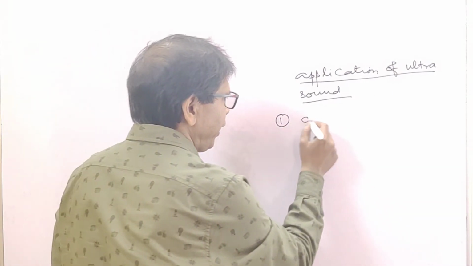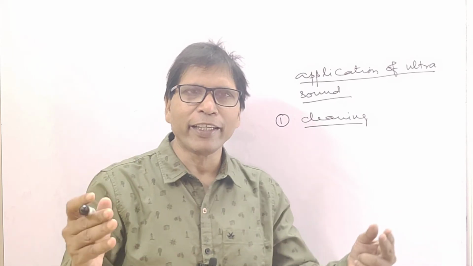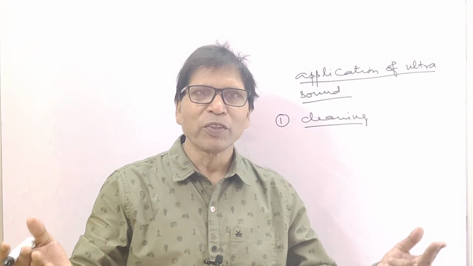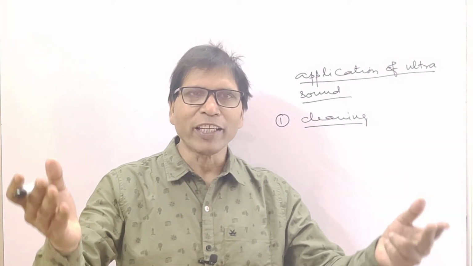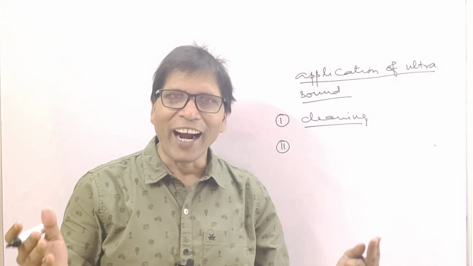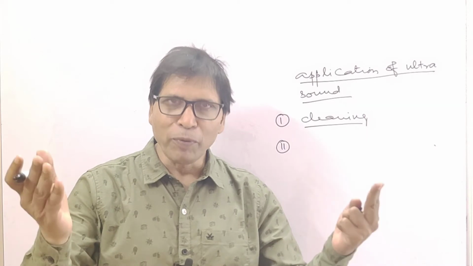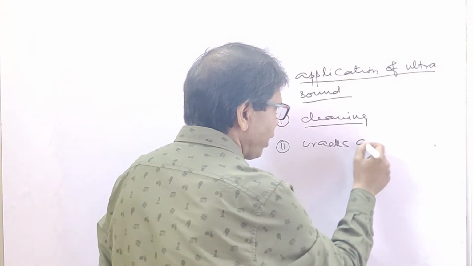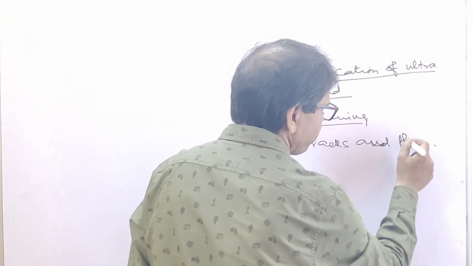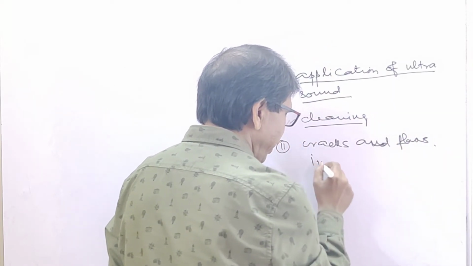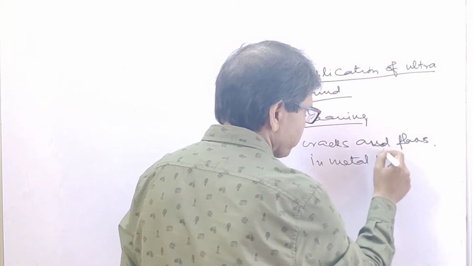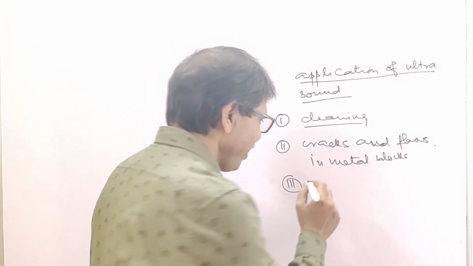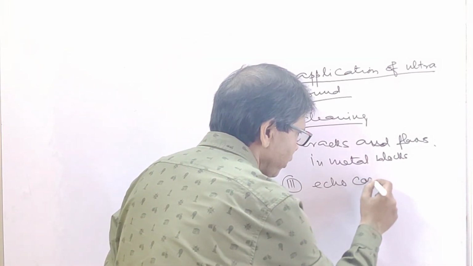Now, applications of ultrasound. First of all, cleaning. Ultrasound cleans places which are hard to reach, such as spiral tubes or odd-shaped parts of electronic components. Number 2, ultrasound detects cracks and flaws in metal blocks. Echocardiography is done by ultrasound.